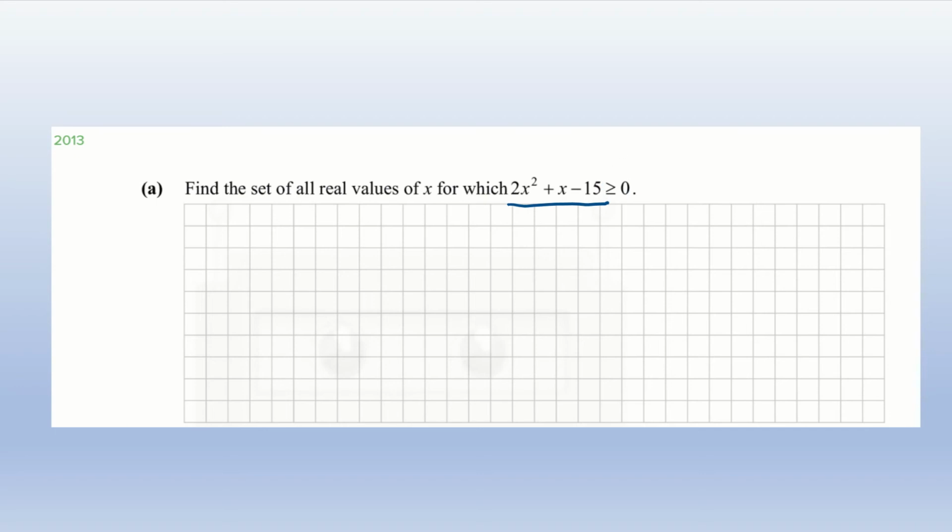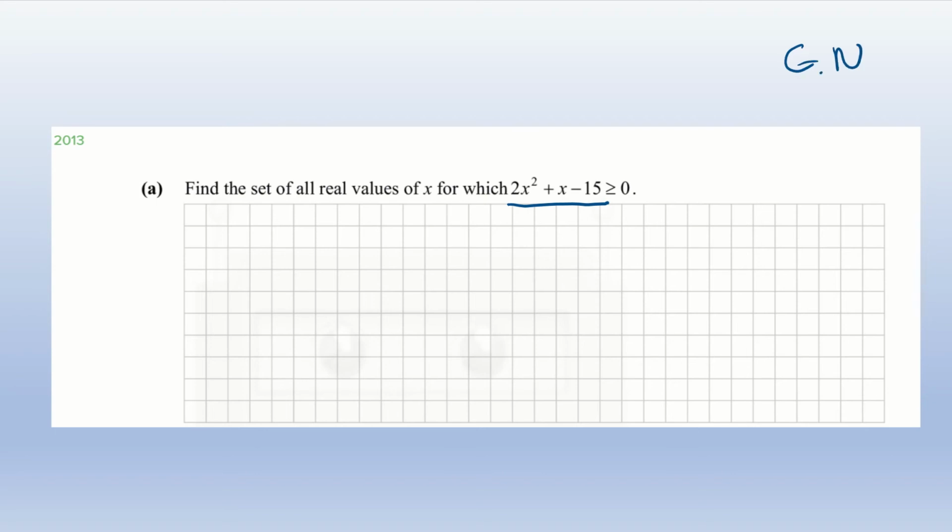But for the first half of this question, we are going to almost treat this inequality sign like an equal sign. Basically, we're going to get our roots or our solutions to that quadratic. You can do that by using the minus b formula or the quadratic formula to give it its proper name, or you can use the guide number method. I'm going to use the guide number method here just to get a bit of practice.